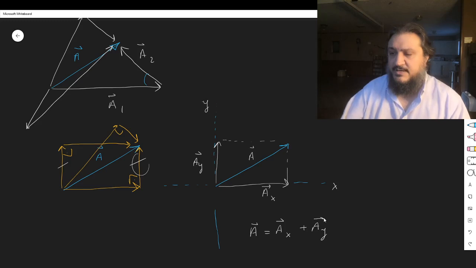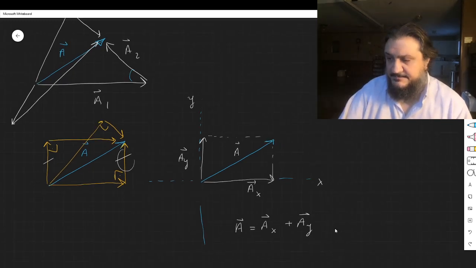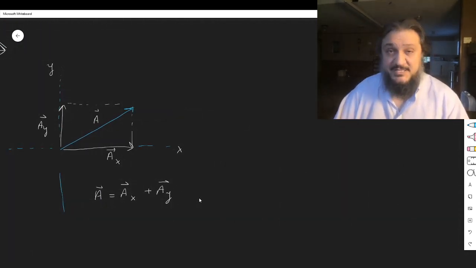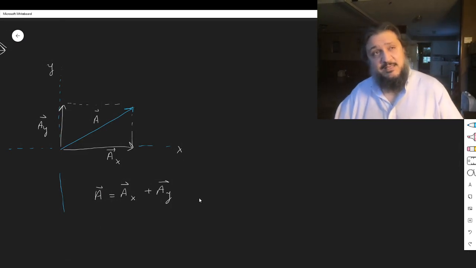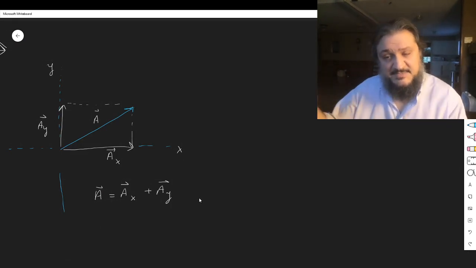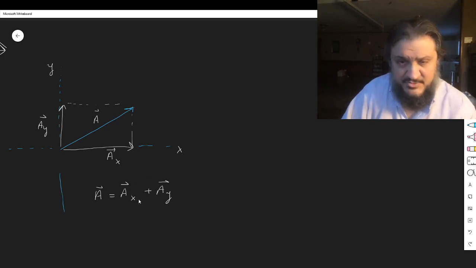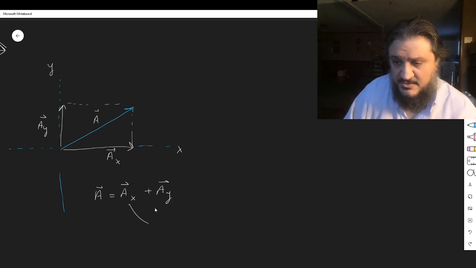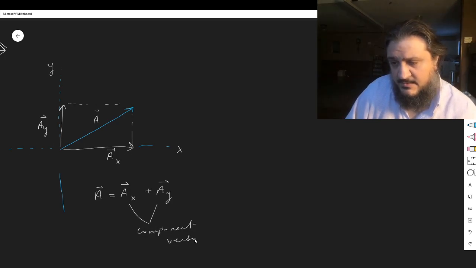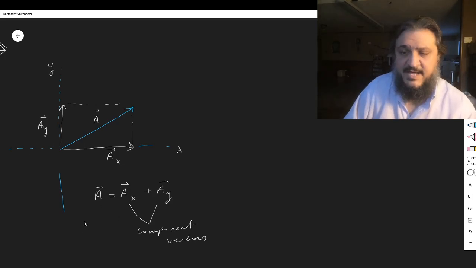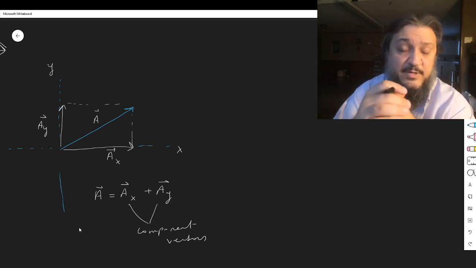These are called the component vectors. As you can imagine, if you're in 3D space, you would need three vectors, AX plus AY plus AZ. I'm going to draw a picture of that too in a second. So these are called the component vectors. This is the vector we started with.